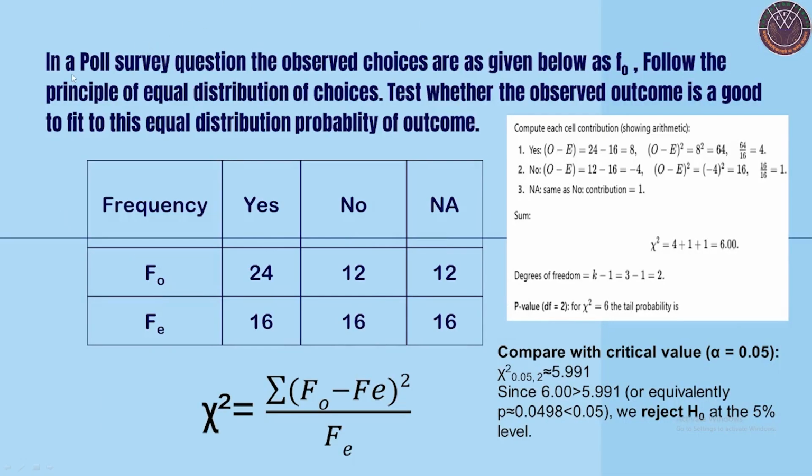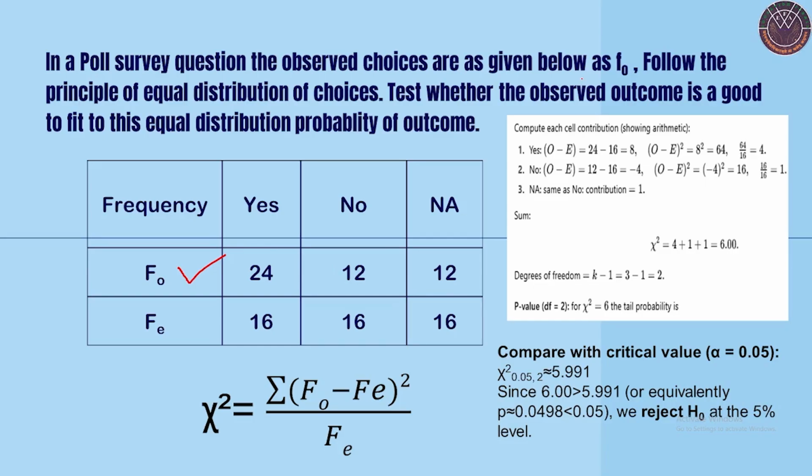Okay, so this is one question related to goodness of fit. In a poll survey question, the observed choices are as given below. One particular question was there in a poll survey, and the observed frequencies are as this. How many were supporting that the particular government has worked towards the progress of the poor people?